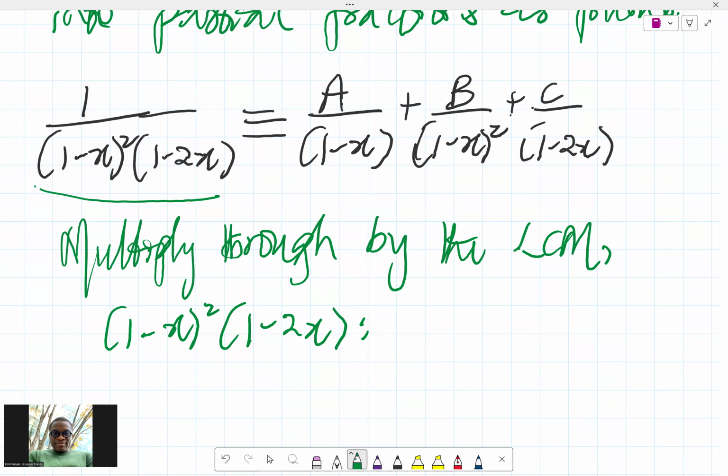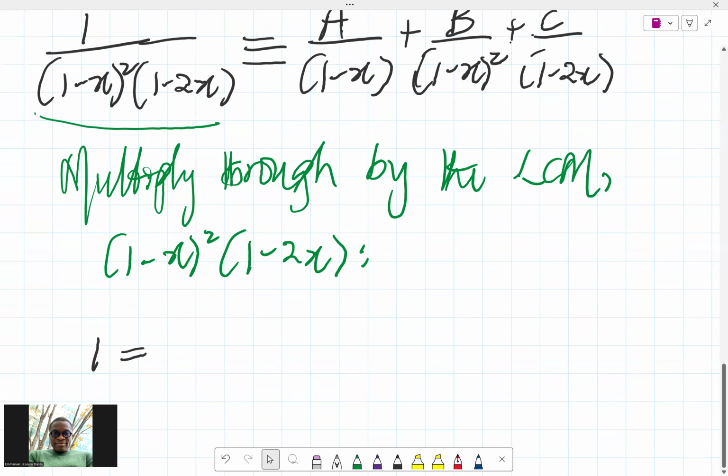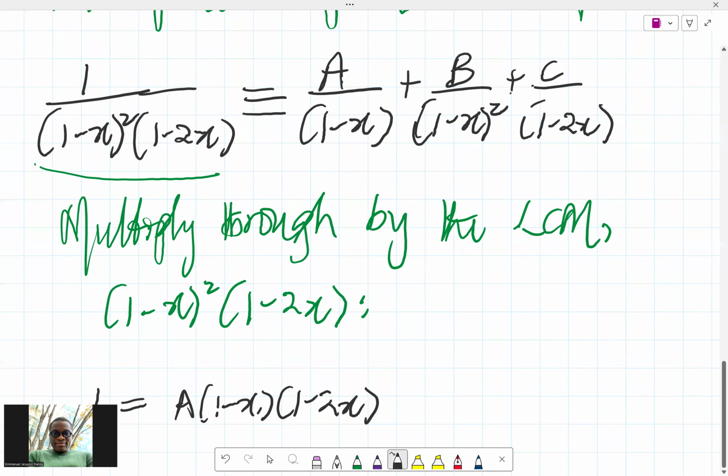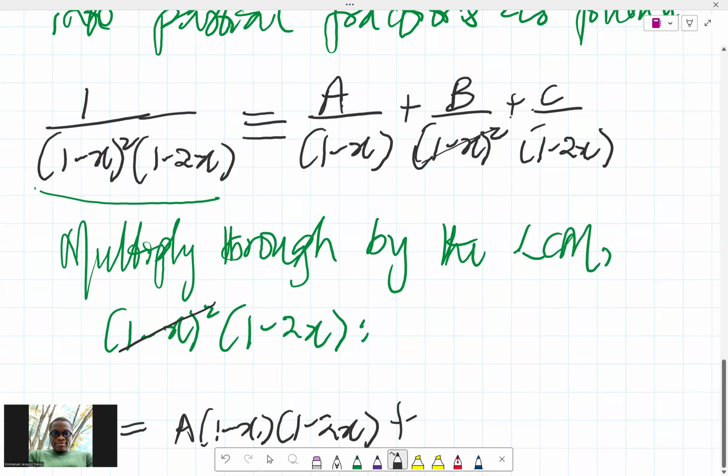On the right-hand side, for A, 1 minus x cancels one of the factors, so we have A into (1 minus x) into (1 minus 2x). For B, (1 minus x) squared cancels, so we have 1 minus 2x remaining, that is B into (1 minus 2x).